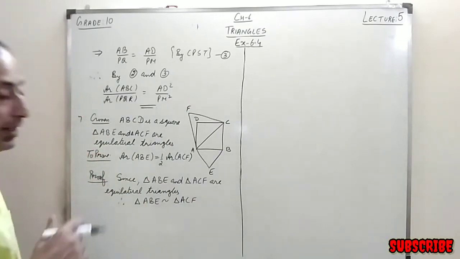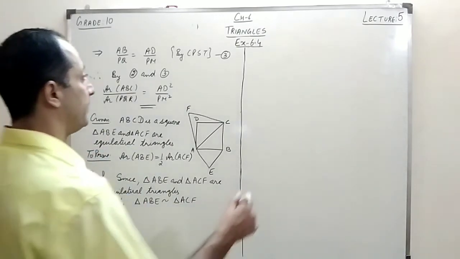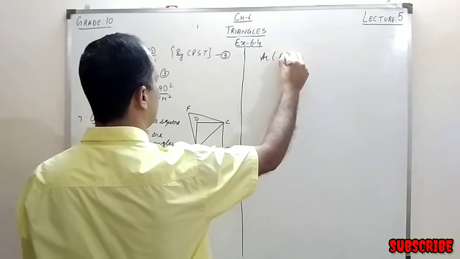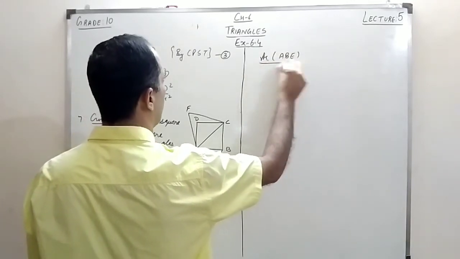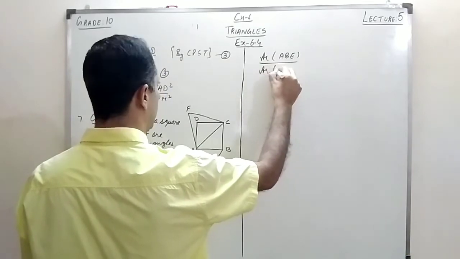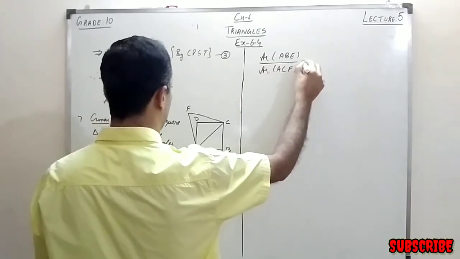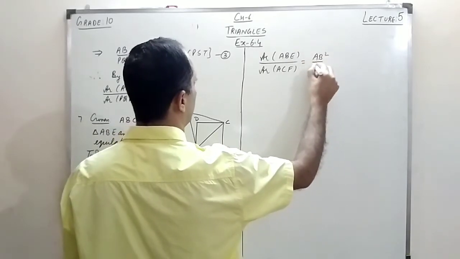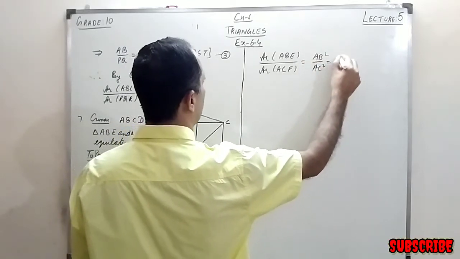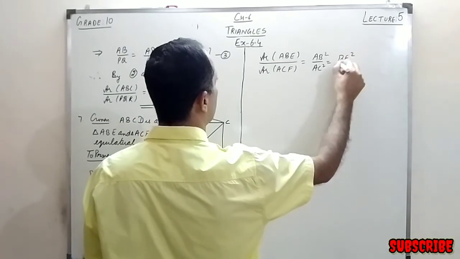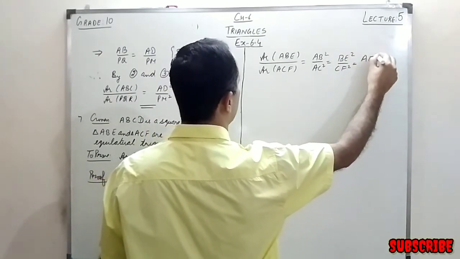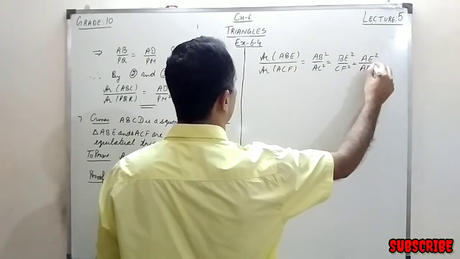And obviously if the triangles are similar, we can say that area of ABE upon area of ACF will be equal to AB square upon AC square, equal to BE square upon CF square, equals AE square upon AF square.